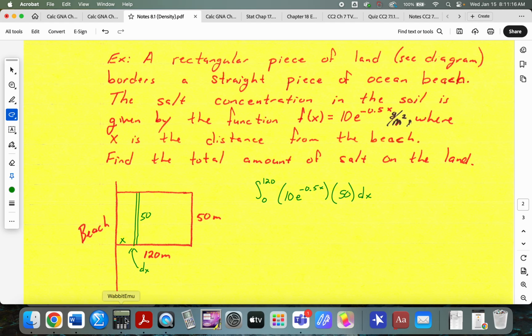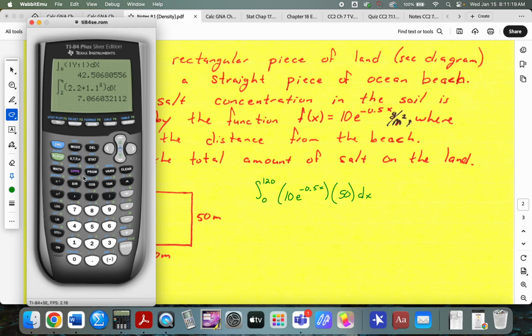So then we're just going to chuff that into the calculator. So the integral from 0 to 120. I'm just going to make that 500 because I can multiply those two together in my head.